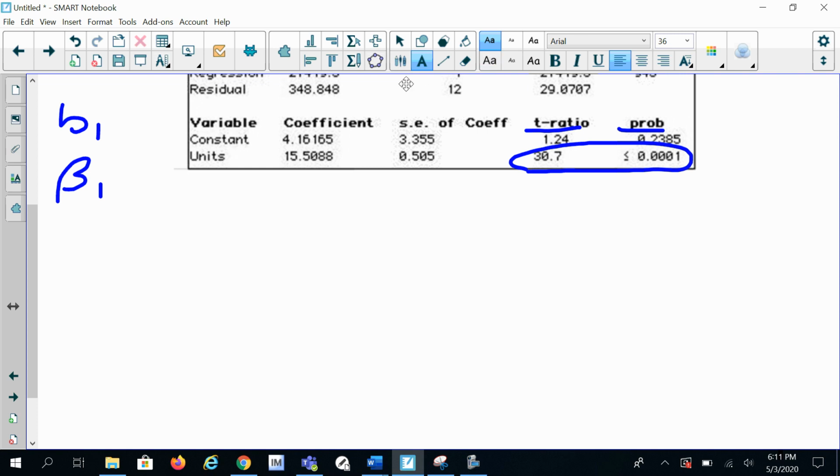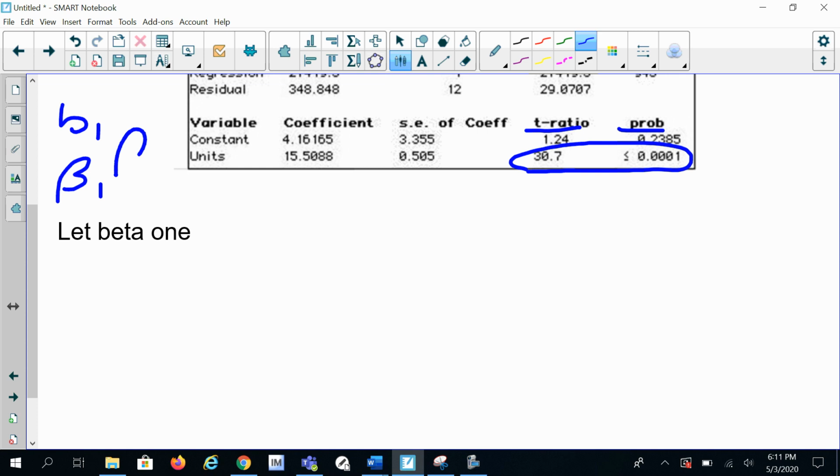I don't know why it's not giving me my text box. There we go. So we're going to let beta 1, or don't write beta 1, actually write the Greek letter beta. If you don't like my betas, you can Google Greek letter beta, and they'll give you maybe a better look of it.